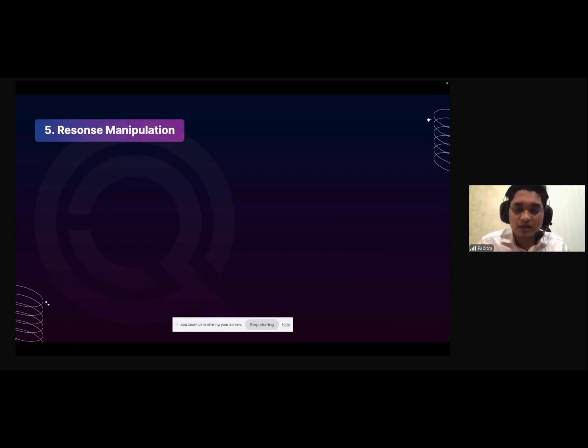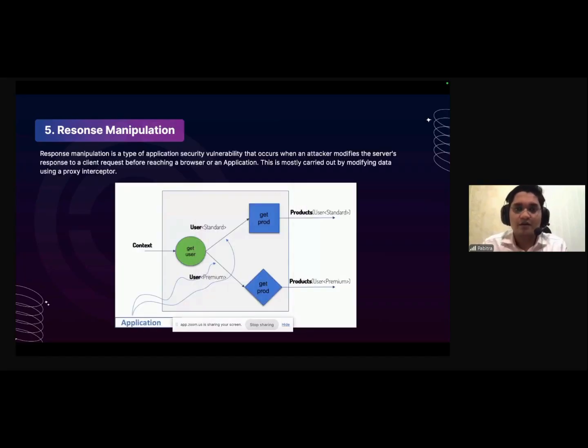So in response manipulation, what will happen? Assume a web browser sends a request to the server, the server sends the response to the web browser, and the web browser shows it to us. So we send any request to the server, and when the server sends the response, we manipulate this response and get the result.